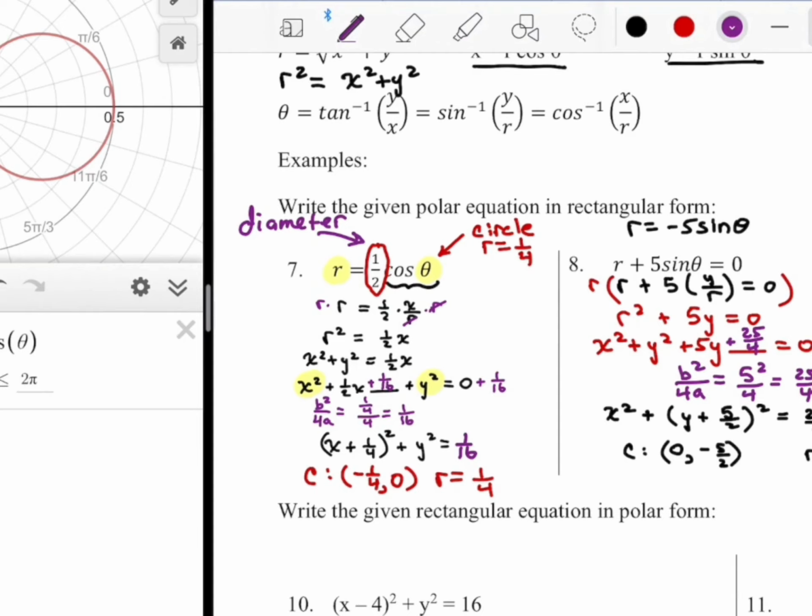The cosine doesn't really correspond, but it indicates x-axis symmetry, or polar axis symmetry.